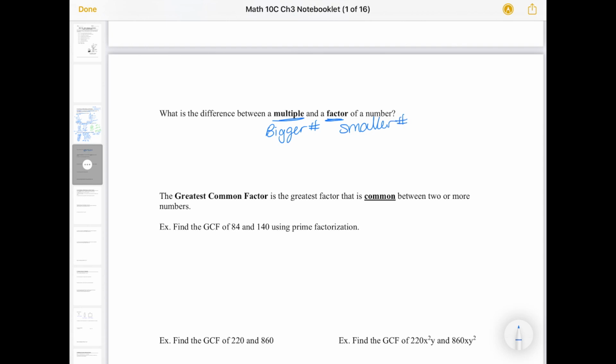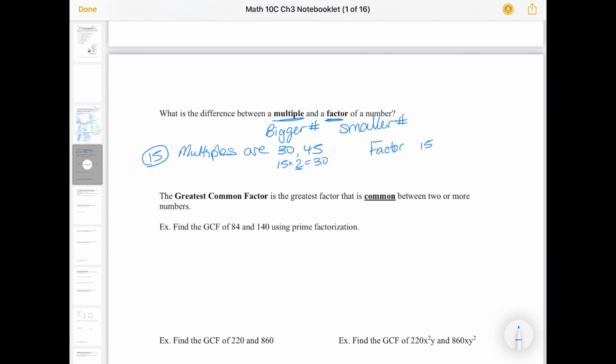So if I'm talking about 15, if that's my number, multiples are 30, 45, right? Numbers where I go 15 times 2 gives me 30. So I'm multiplying it by 2 to get 30. It's a multiple.